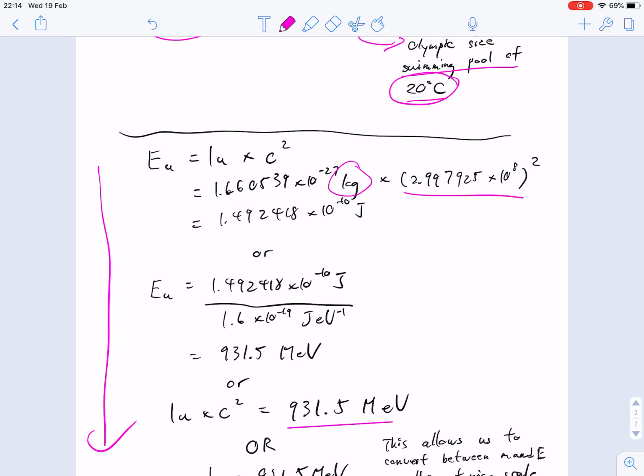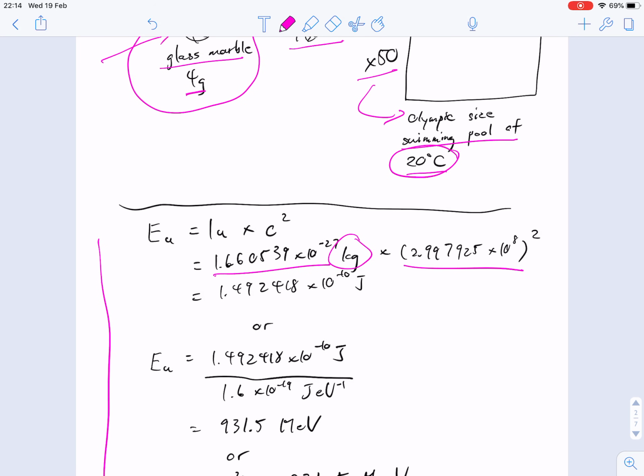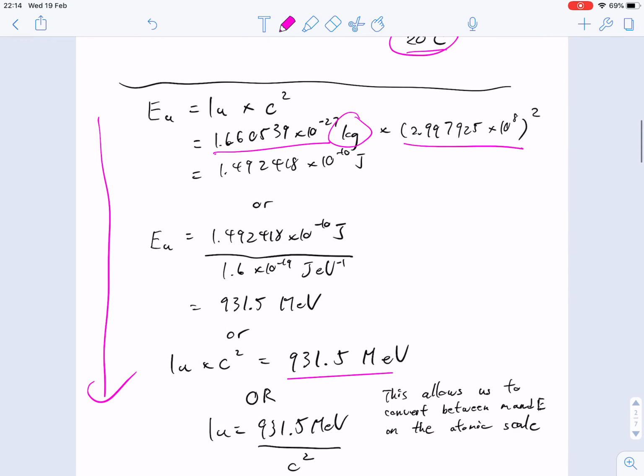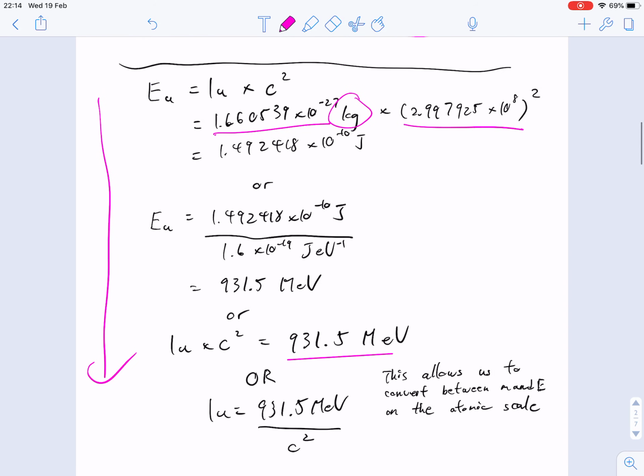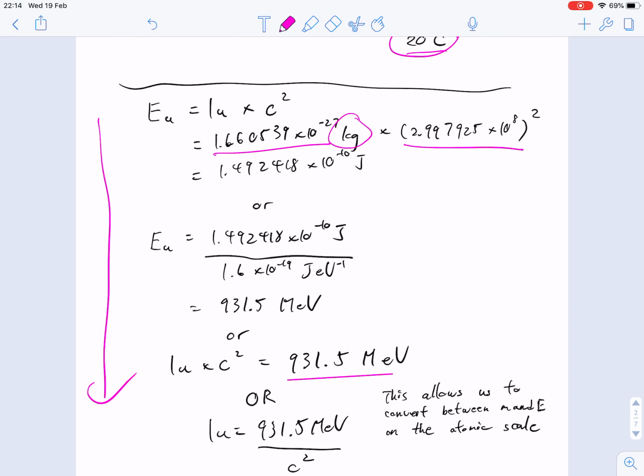So here we've got a typical example. We have the mass for one AMU, or one U, and we're trying to convert that into the equivalent energy version. So this is really E equals m, right?